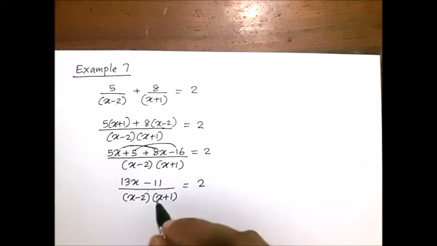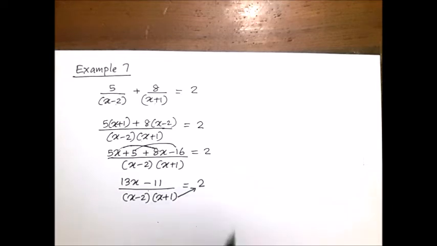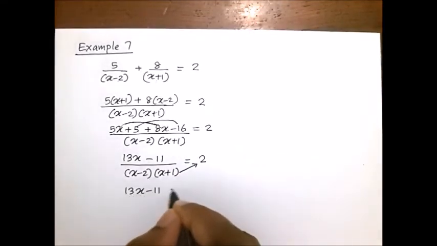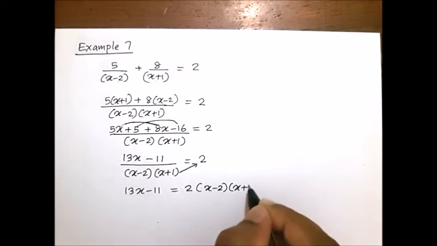Now, to remove this denominator, use the cross multiplication method: 13x minus 11 equals 2 multiplied by x minus 2, x plus 1.